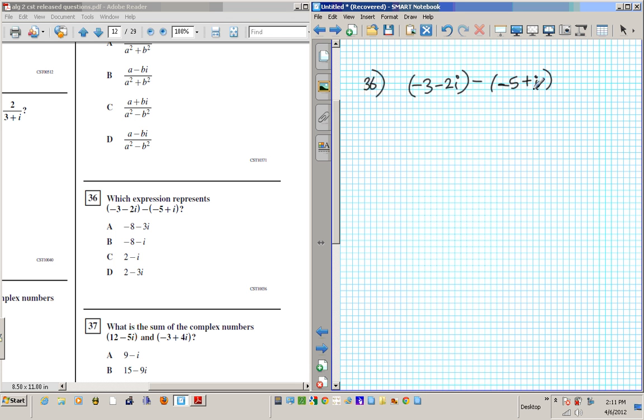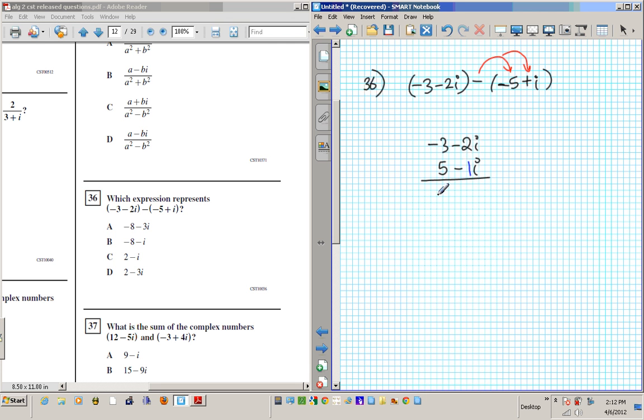So I need to take the opposite of this side right here by distributing this negative to both of them, okay? So I'm going to drop down the left side, negative 3 minus 2i, and then distribute: minus times minus is a plus, plus 5, and then minus times plus is a minus, minus i, okay? Alright, if you like, you can put the invisible one there if that makes you happy.